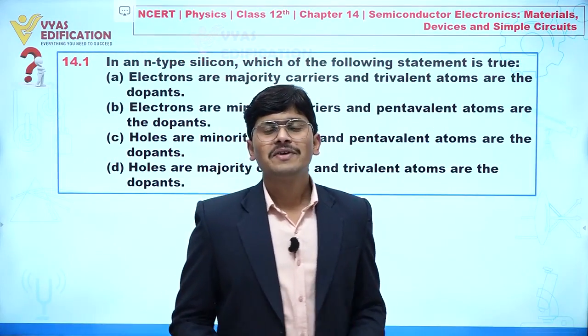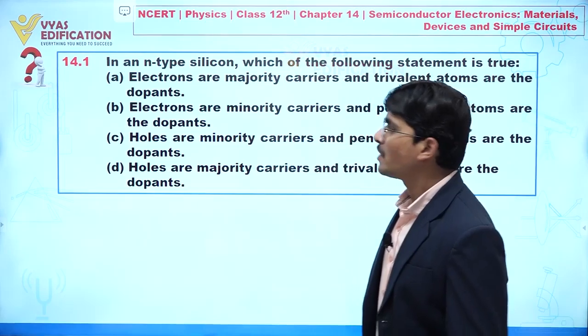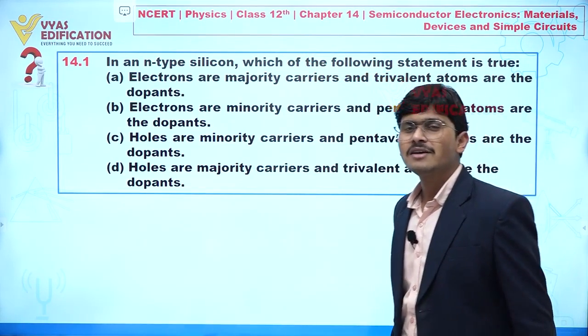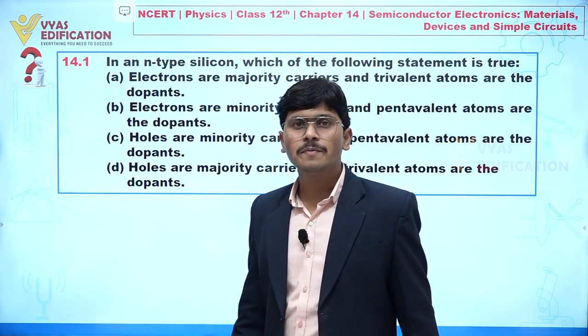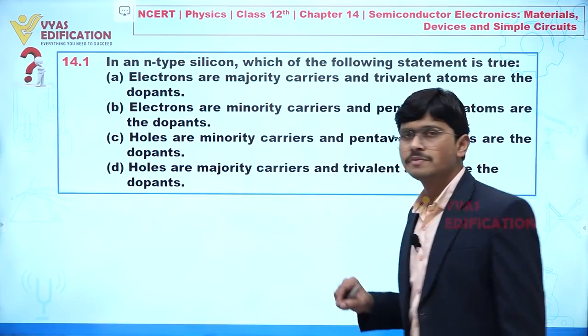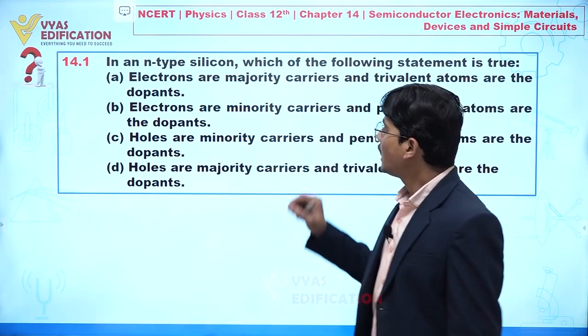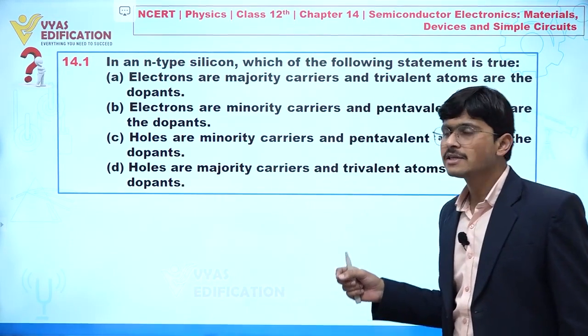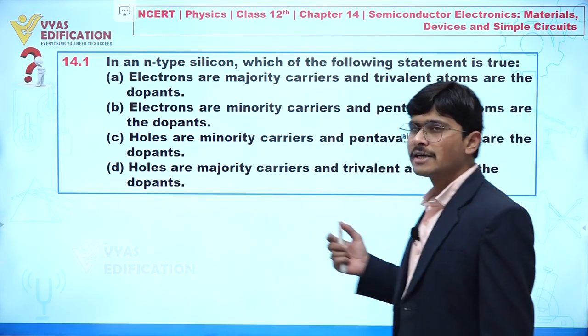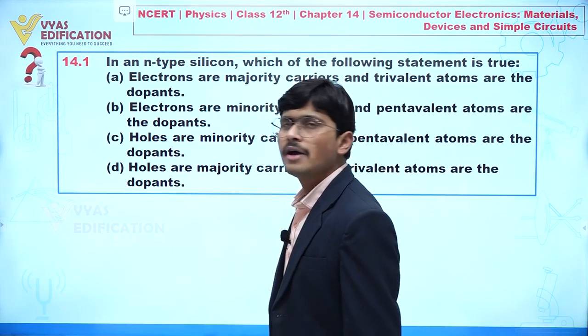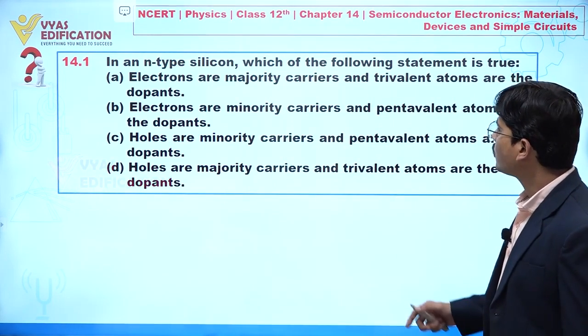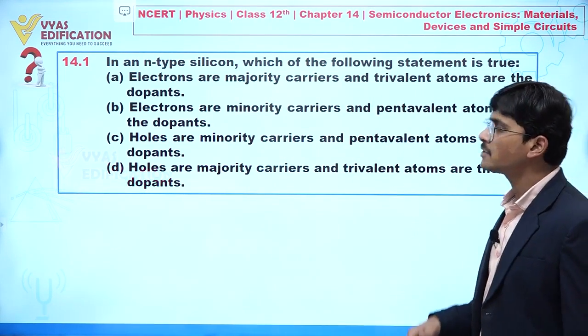So dear student, now we are going to discuss question number 14.1. Clear? In this question it is given, in an N-type of silicon, which of the following statements is true? Number 1, electrons are majority carriers and trivalent atoms are the dopant. Second statement, electrons are minority carriers and pentavalent atoms are dopant.